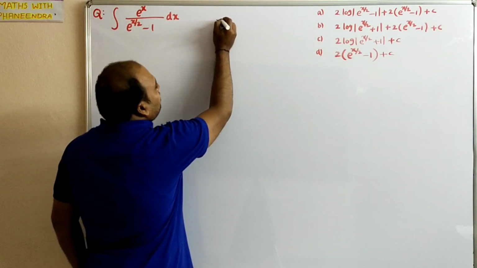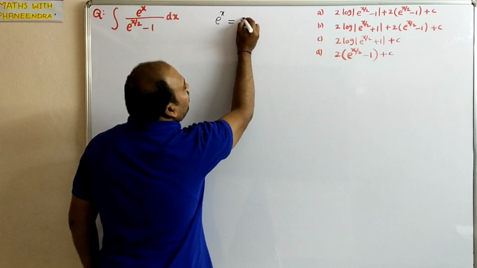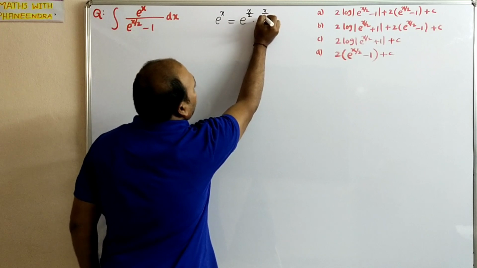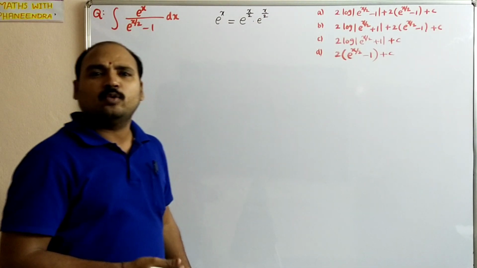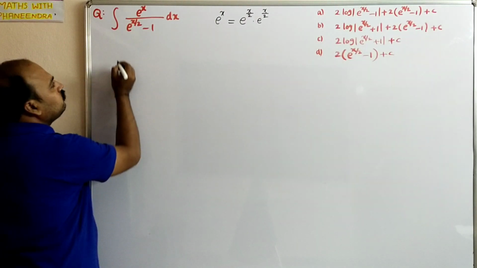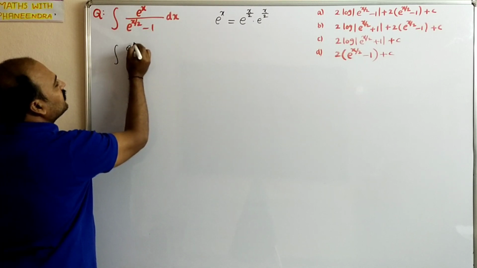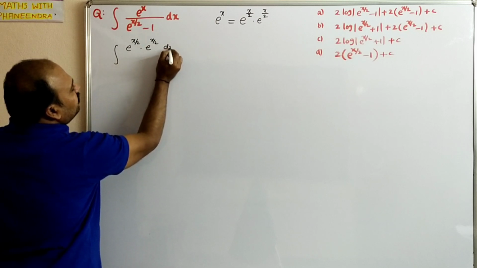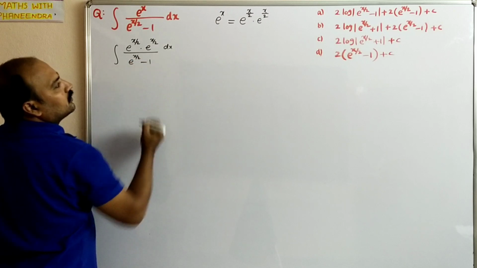So e power x can be expressed in terms of denominator terms. E power x by 2 into e power x by 2, can we write like this? Bases are equal, powers are added, x by 2 plus x by 2 is 2x by 2, that is x. So now in place of the numerator we write that value: e power x by 2 into e power x by 2 into dx divided by e power x by 2 minus 1.